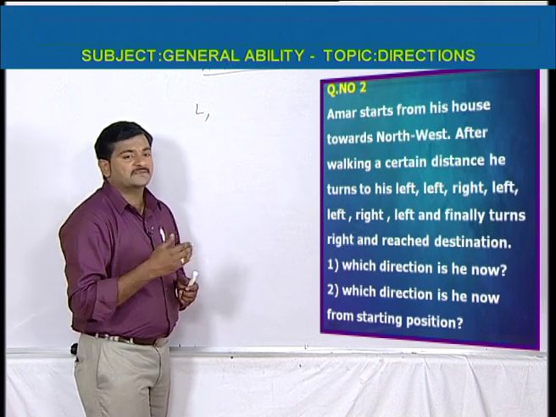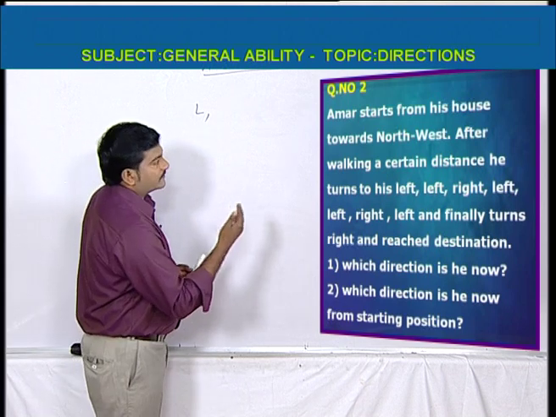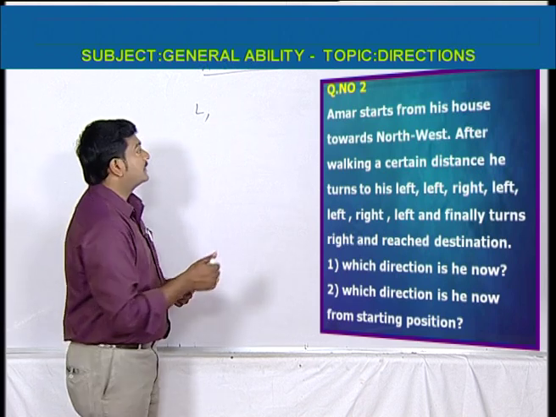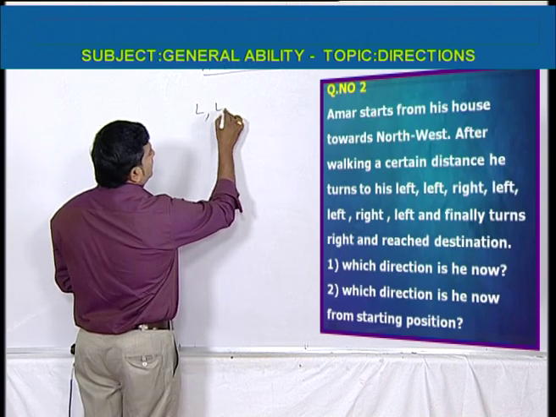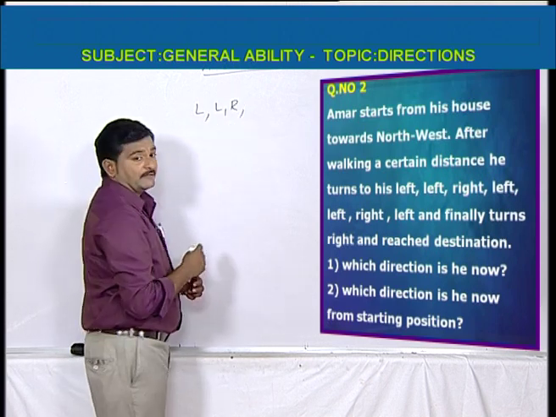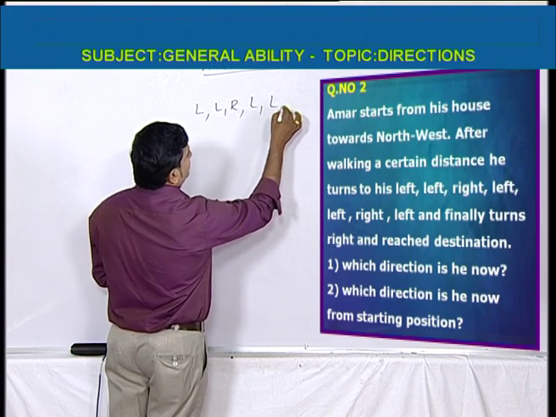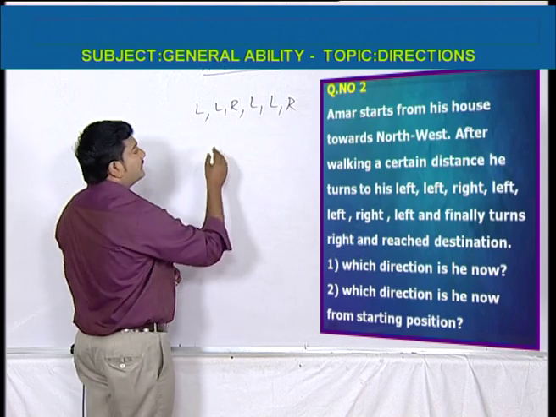Now we list out all lefts and rights. Amar starts from his house towards northwest. After walking a certain distance he turns to his left. So one left given, another left given, and a right given. Next again one left, another left, and a right. And a left given.